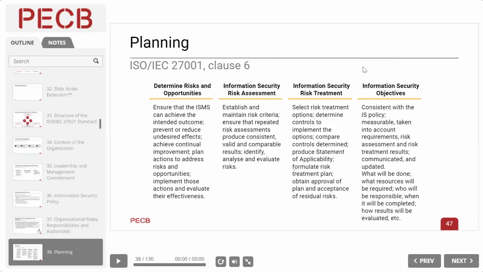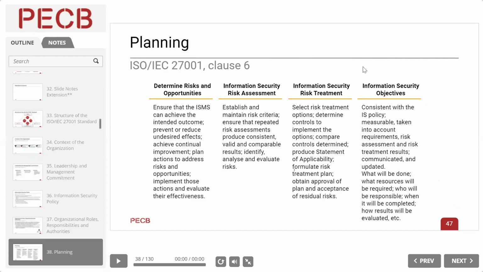Okay. So clause 6 is about planning. As I said, if you recall the PDCA, Plan, Do, Check, Act, what are the activities within the plan?